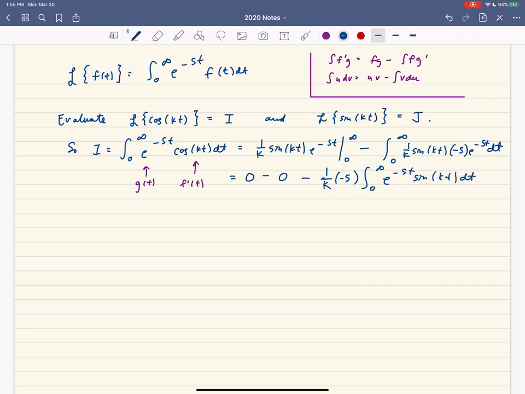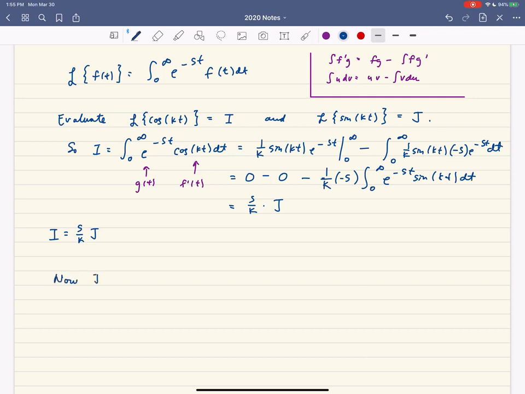Just looking at that, that turns out to be s over k times j, right, where j was the Laplace transform of sine of kt. Excuse me. So let's just write that down, that's important: I is s over k times j. And that's why knowing one is enough to know the other. So now we need to find j.